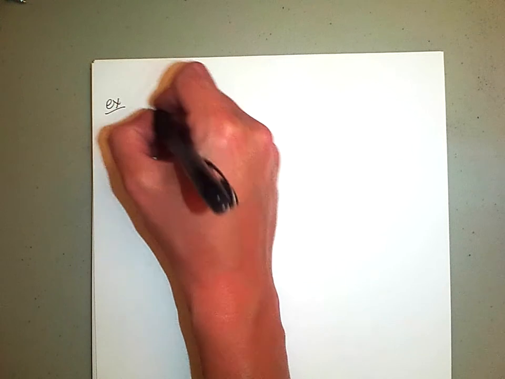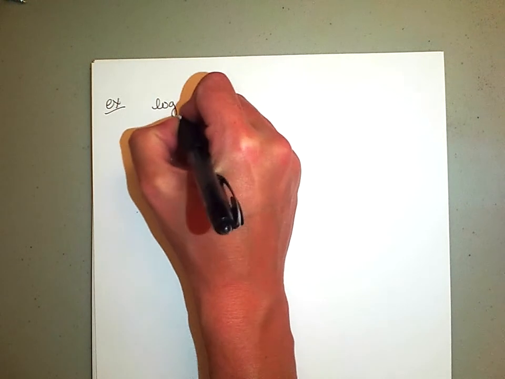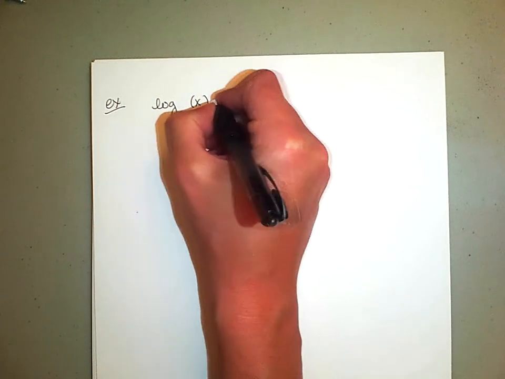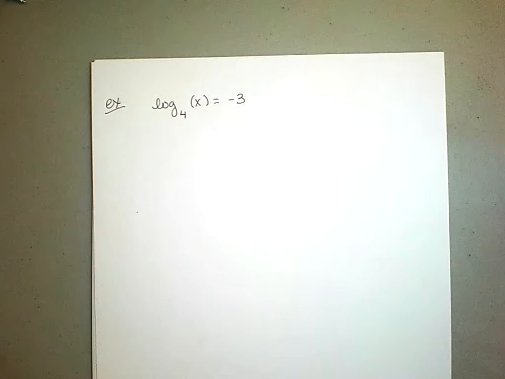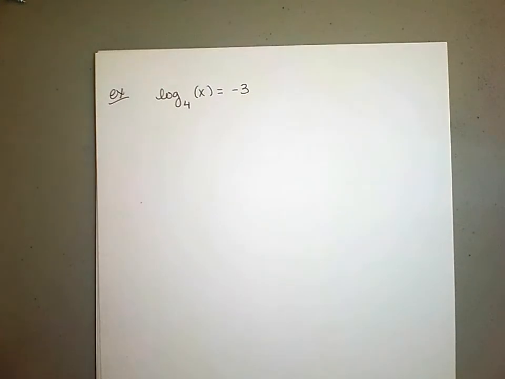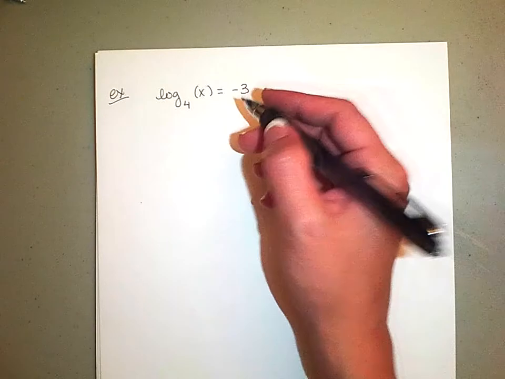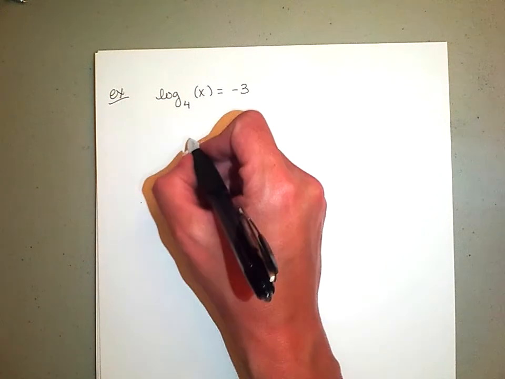We could also solve some equations by writing them exponentially. So for example, if we have the log base 4 of x is equal to negative 3. Well, I could write it exponentially.